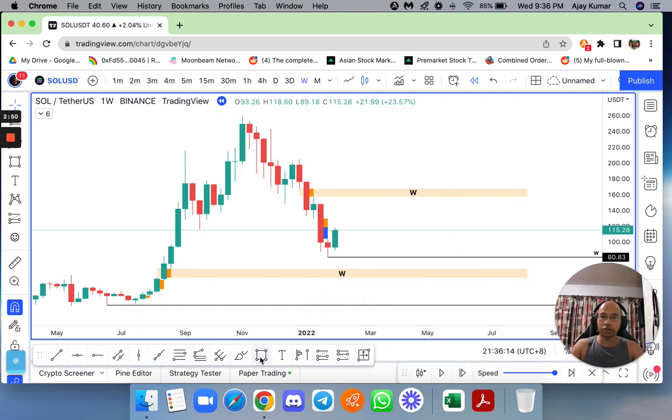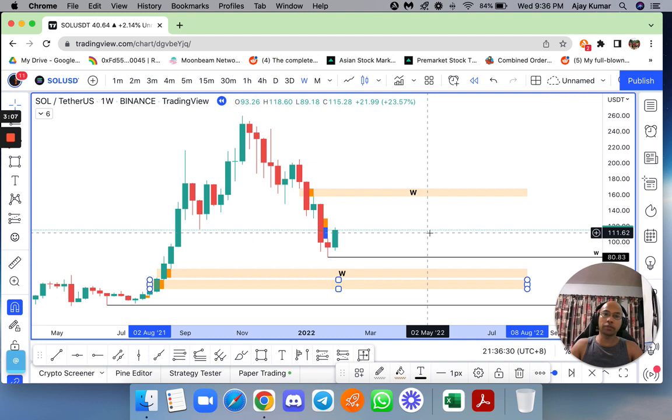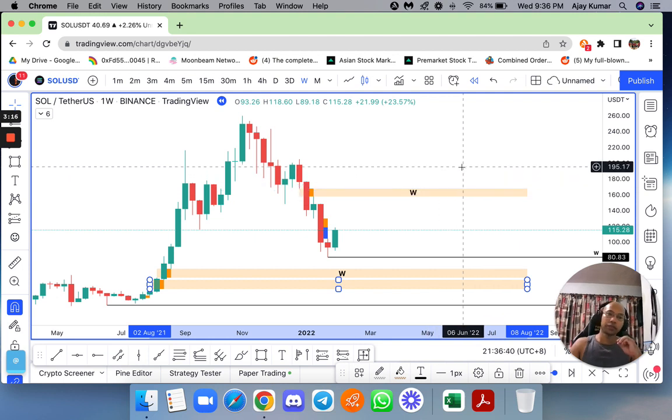The question is, what's the purpose of marking these out? In our strategy, on the higher time frames, which are the weekly, daily, and 4-hour time frames, we look for order blocks, fair value gaps, and pivots. We look for these three things. An order block obviously has liquidity inside it.